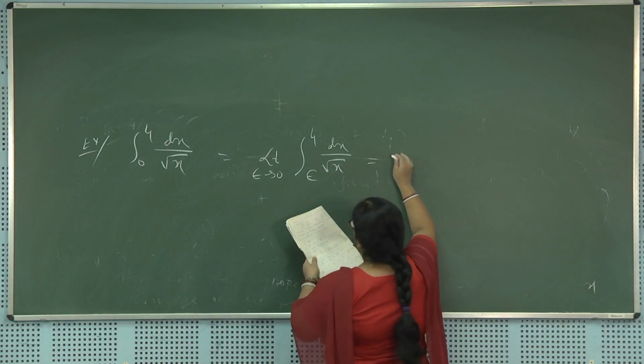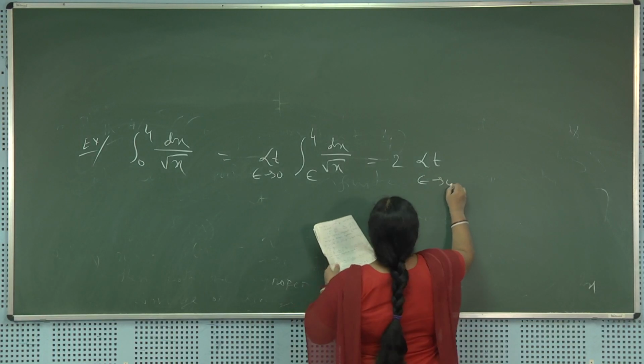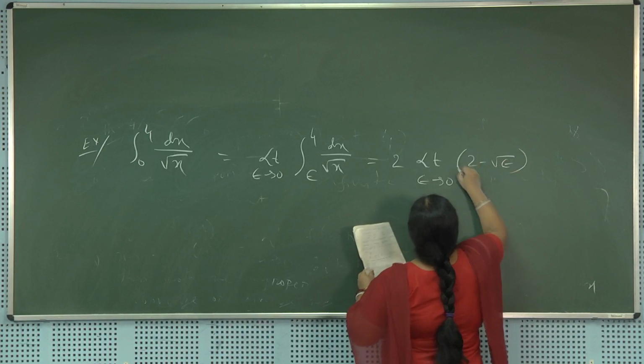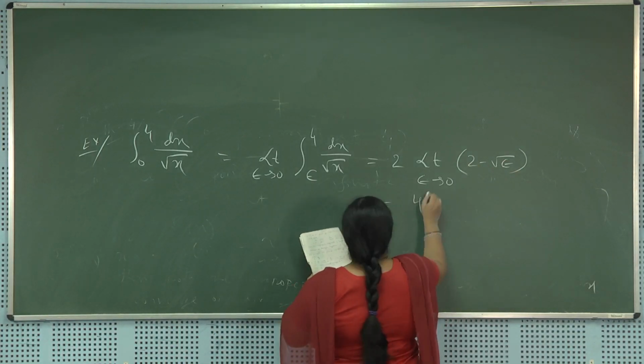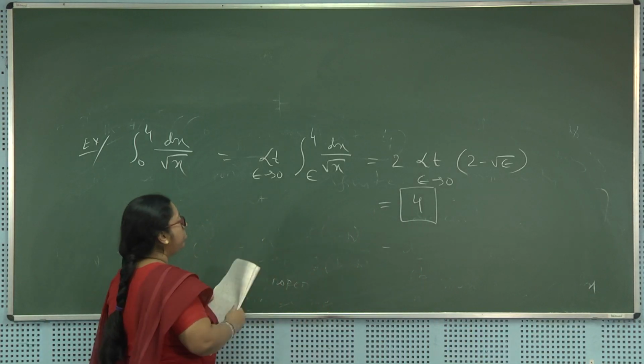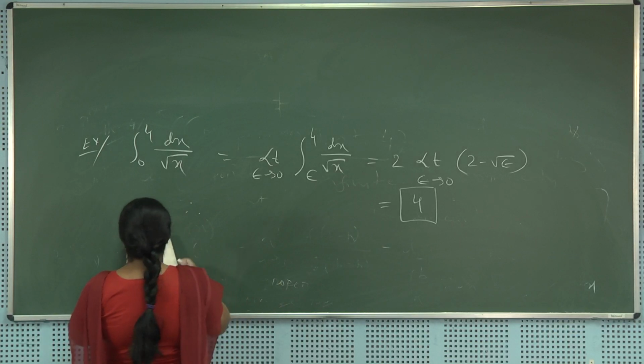If you work it down, 2 will just go outside. As epsilon tends to 0, this will become 2 times (2 minus root epsilon), and if you work it out, this will become 4.